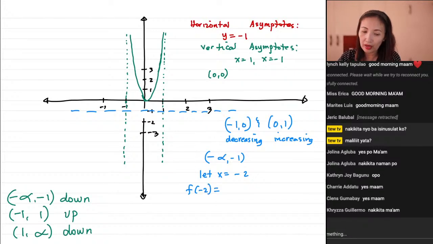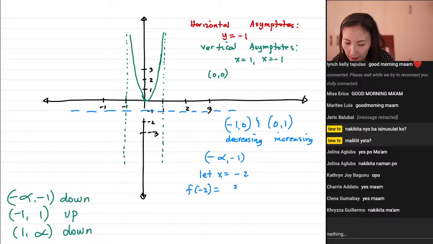The original function given is, okay, go back to our original function. Our function is x squared all over 1 minus x squared, okay? From the original function, we are evaluating at negative 2.